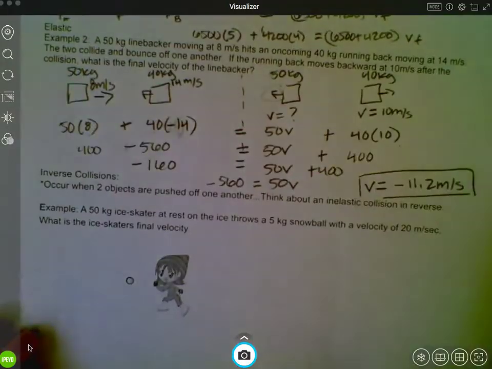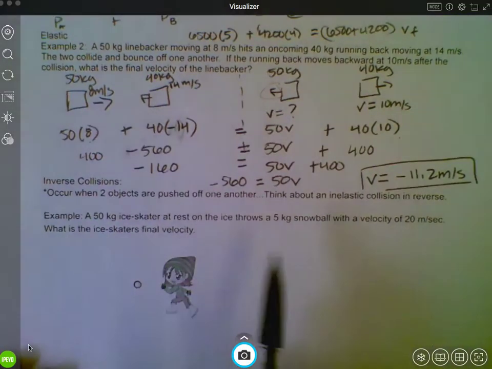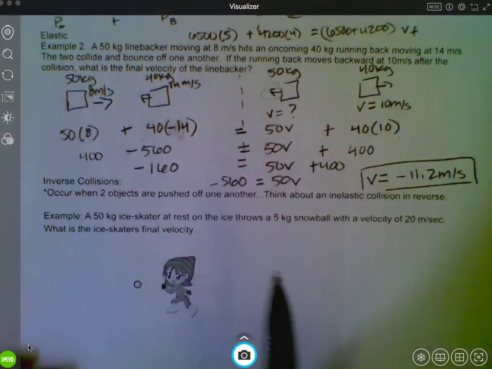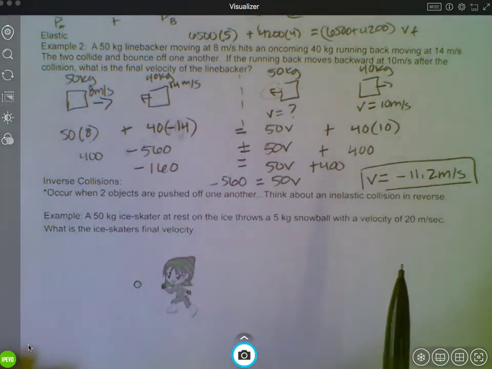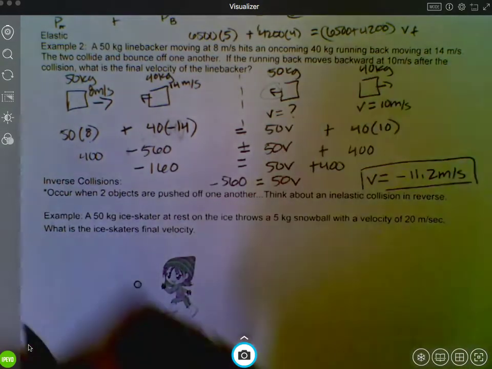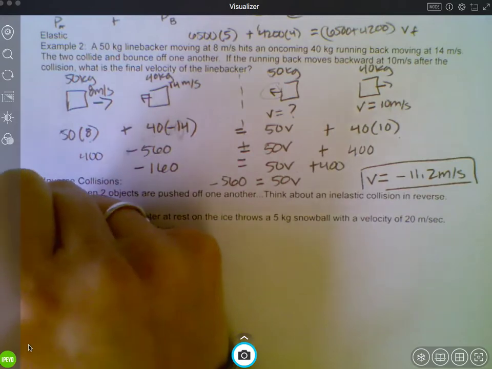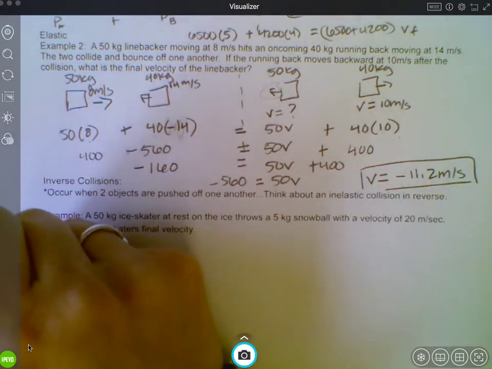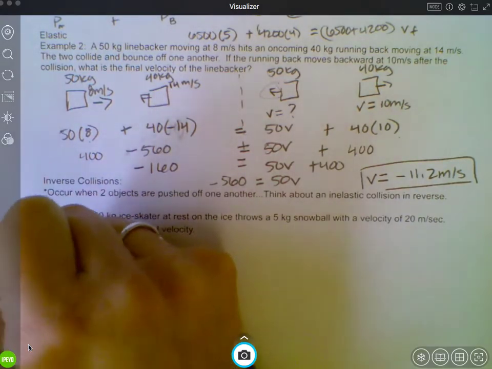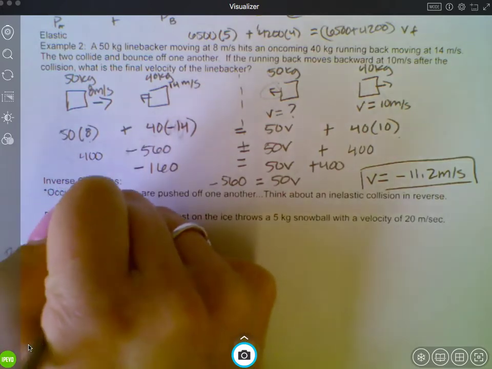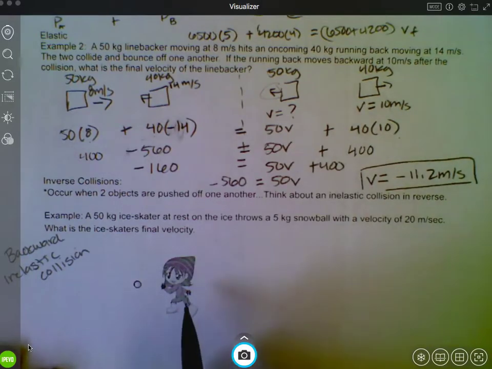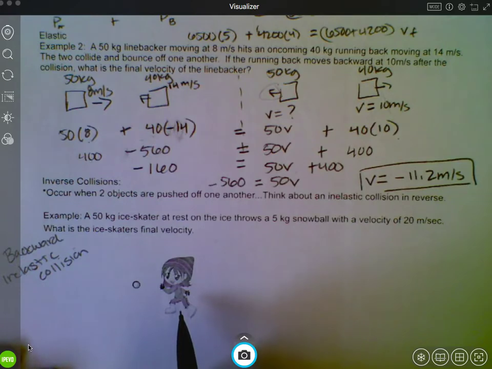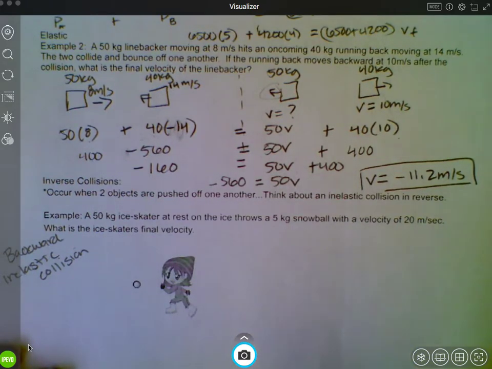Now, the last thing that can get a little bit tricky are these inverse collisions, which really is just a backwards inelastic collision. And this is when you have something where two things push off of one another. A great example is ice skaters when they first start moving.